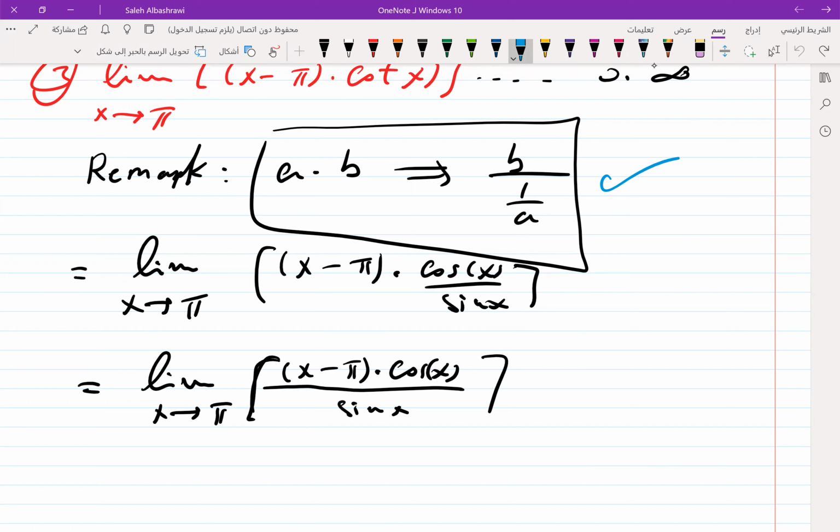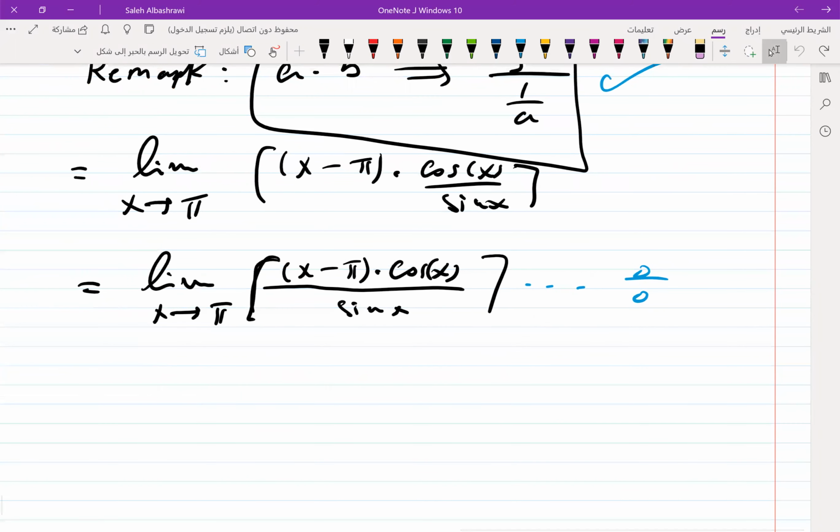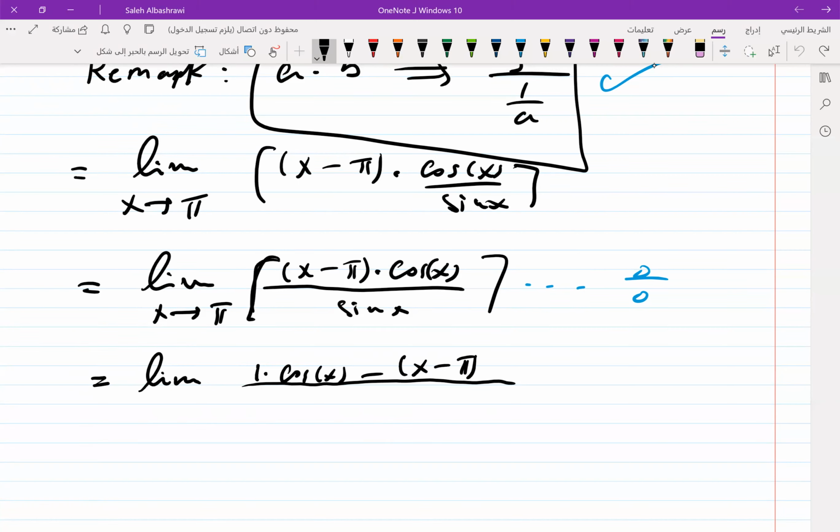Now if we replace x by pi, I will have 0 over 0, which satisfies the condition of L'Hôpital's rule. So we can differentiate. For the numerator, we will apply the product rule. That will be 1 multiplied by cosine x, minus pi multiplied by sine, over the derivative of sine, which is cosine x, as x goes to pi.